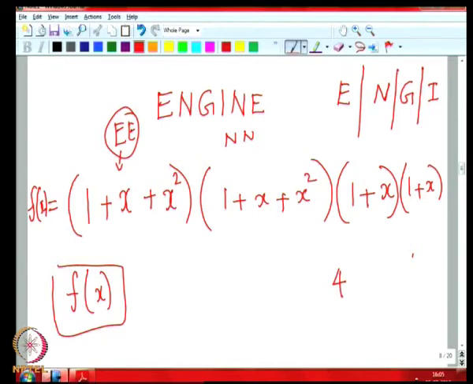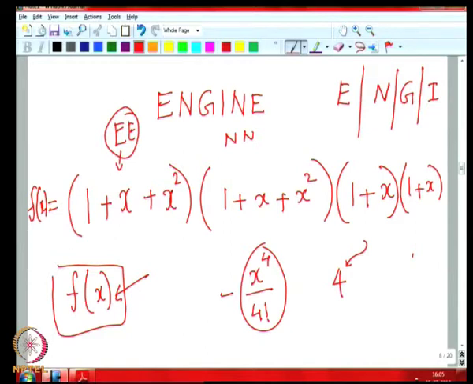So, if you are looking for picking 4 letters, then you just have to consider the coefficient of x raised to 4 by 4 factorial in f of x, then you will get the answer.